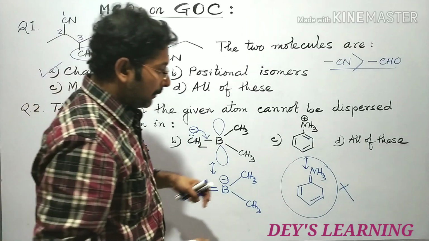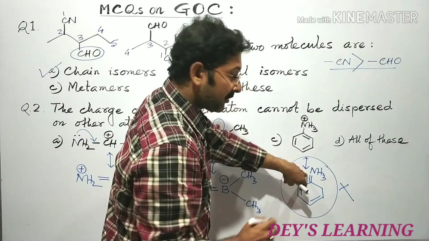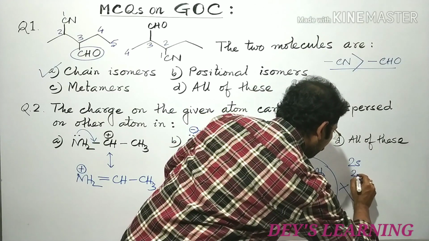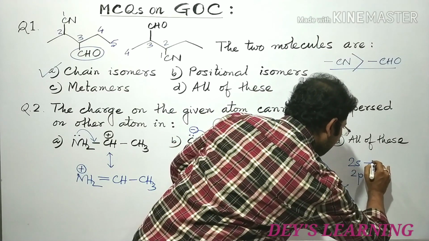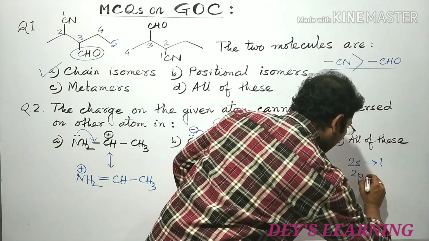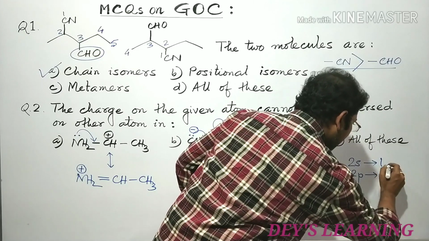Question is why? Because nitrogen has 4 orbitals. In the valence shell of nitrogen, there is 1 s orbital and 3 p orbitals. We know s subshell has 1 orbital and p subshell has 3 orbitals.